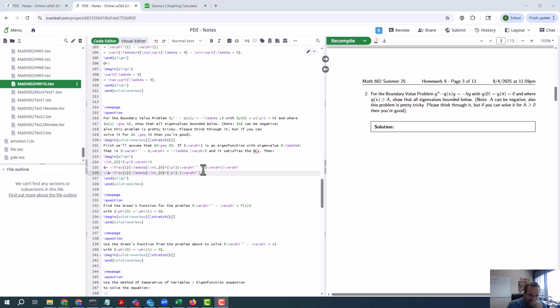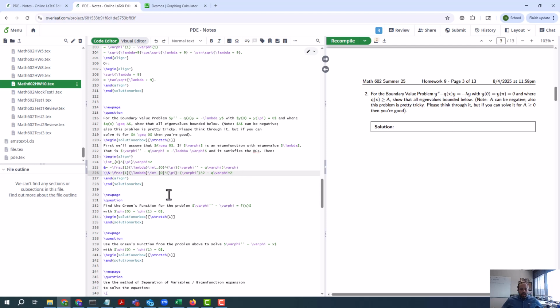But you keep the minus q phi squared, because you didn't do integration by parts on that term.